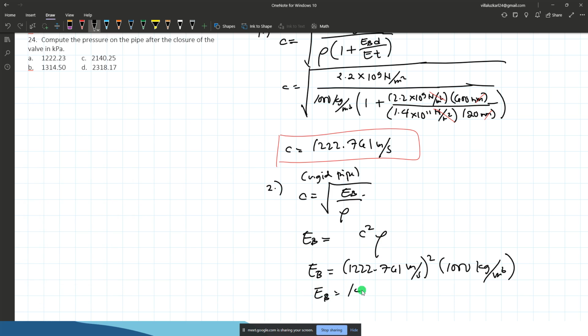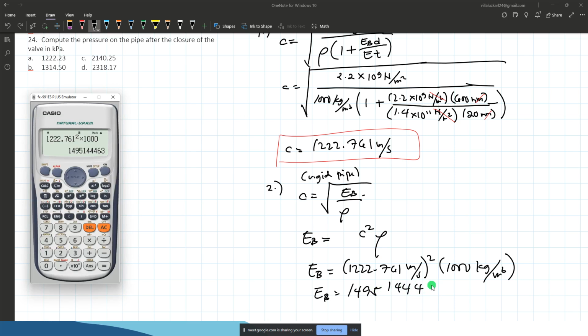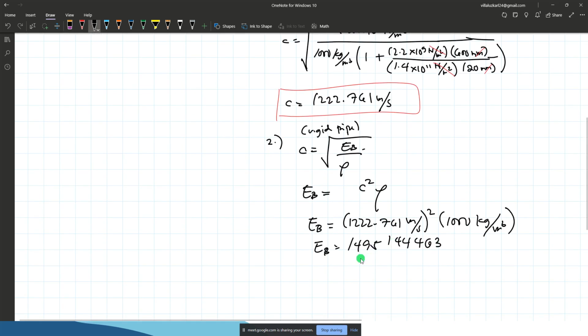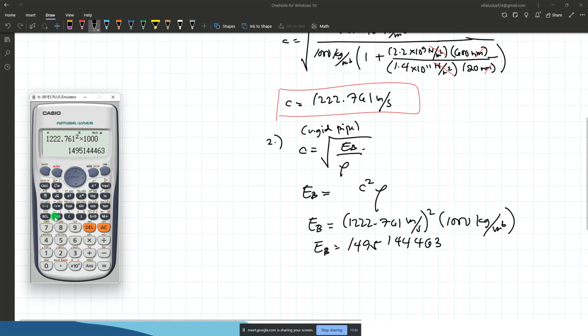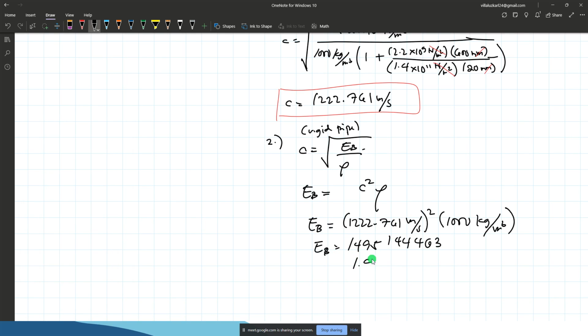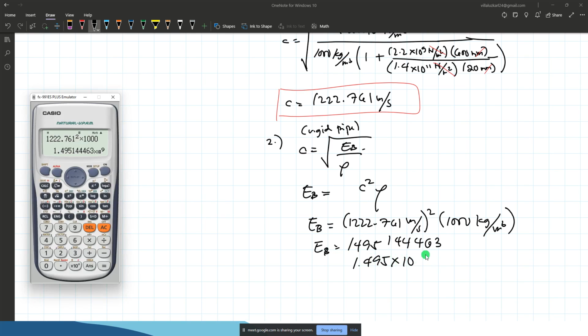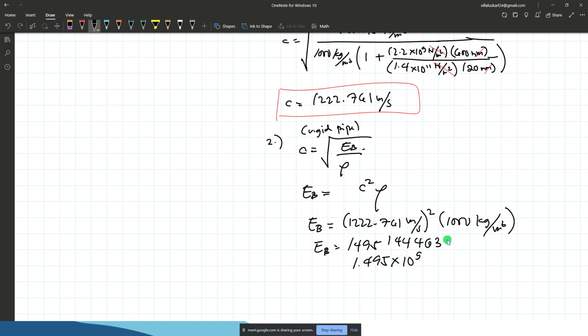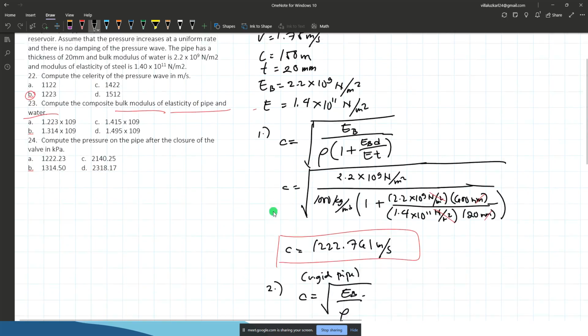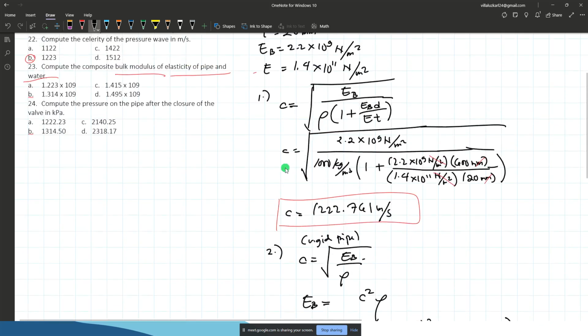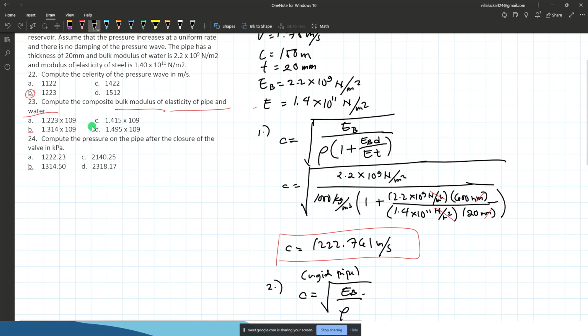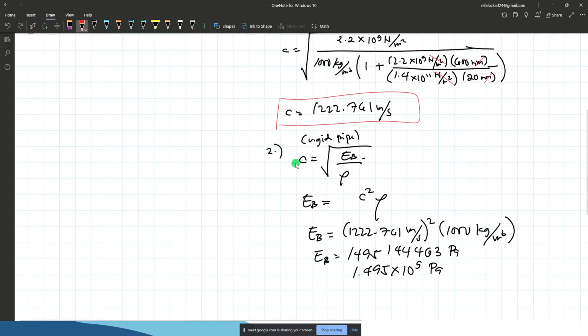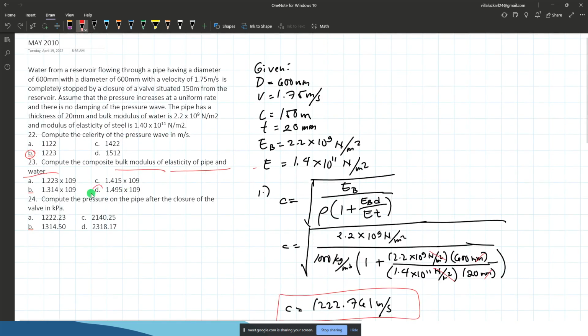Here's your answer, 1495.144463, or if we change it to scientific notation, 1.495 times 10 raised to 9. The unit is in Pascal. So the answer is letter D.